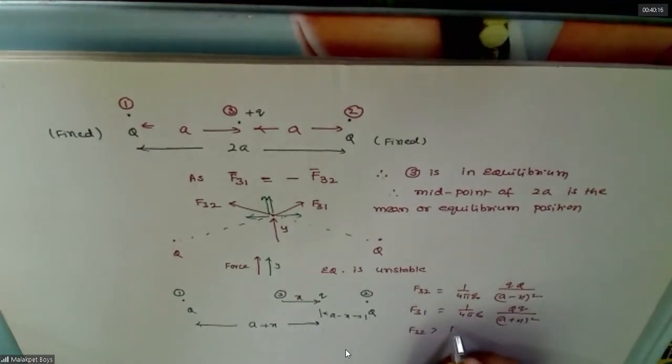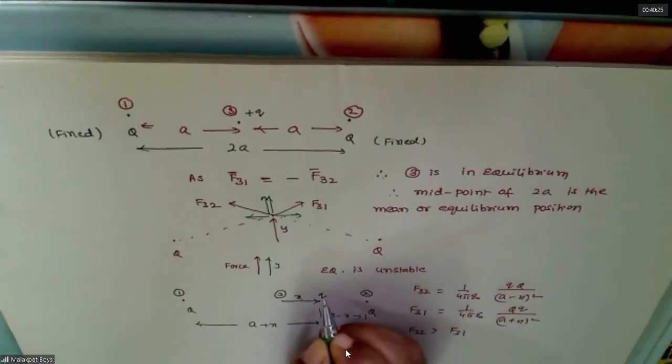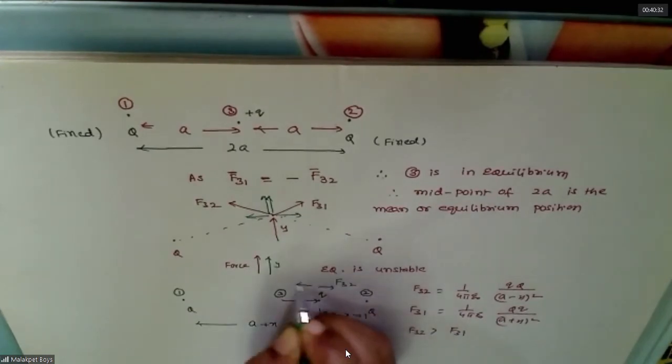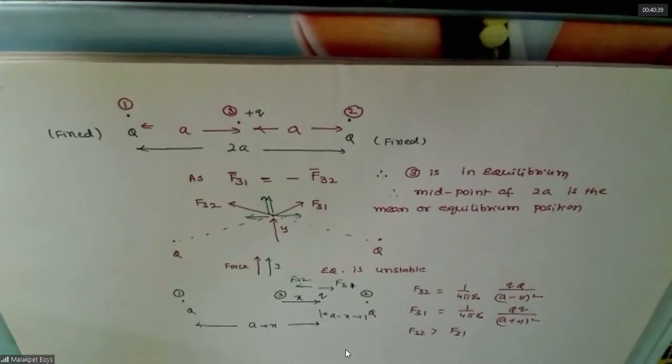Sir, the force on 3 due to 2, because it's a shorter distance. So in which direction is this? This is the force on 3 due to 1. This is the force on 3 due to 2. Agreed. So the net force is tending towards equilibrium.